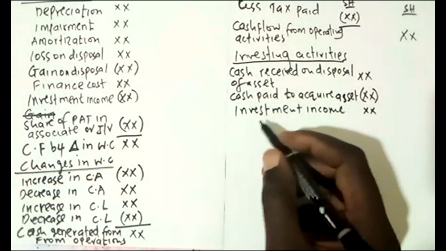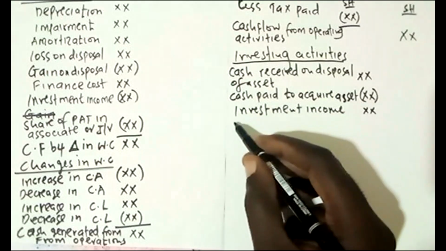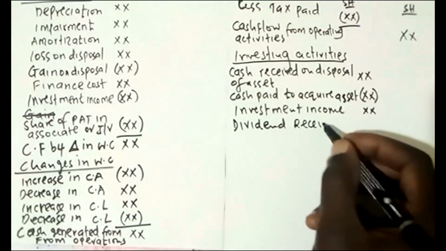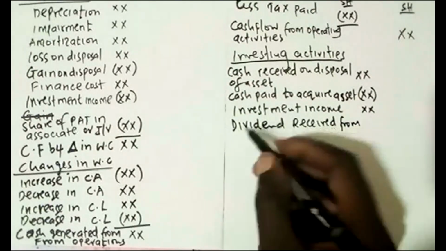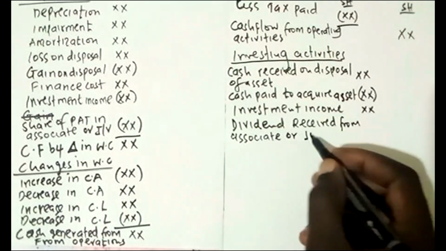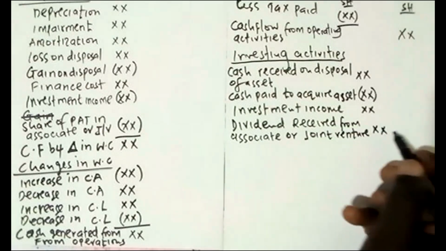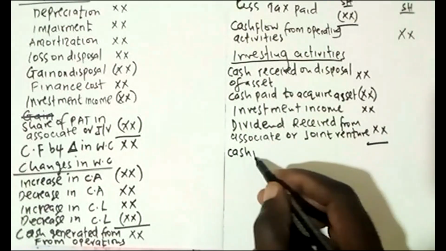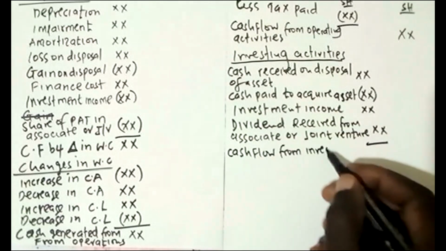After talking about investment income, we have to talk about dividend received from associate or joint venture. So up to that point, we have cash flow from investing activities.